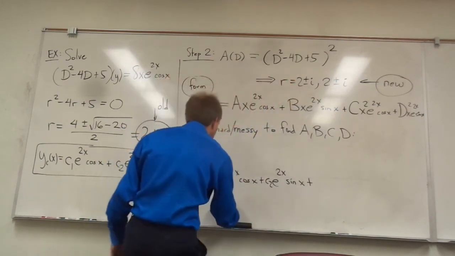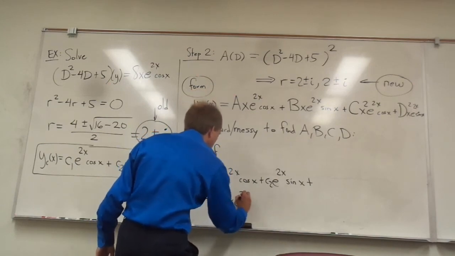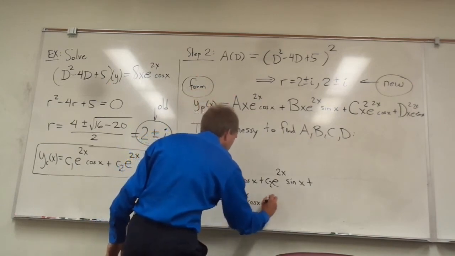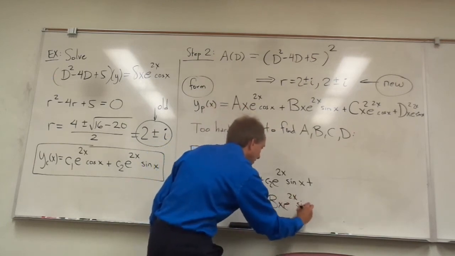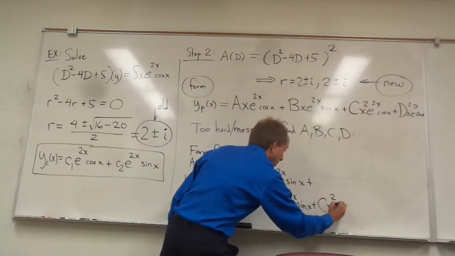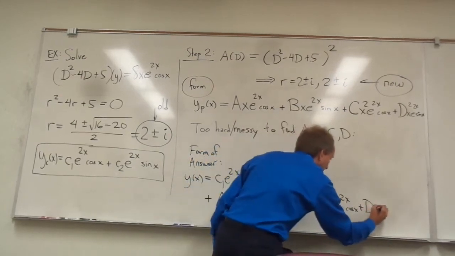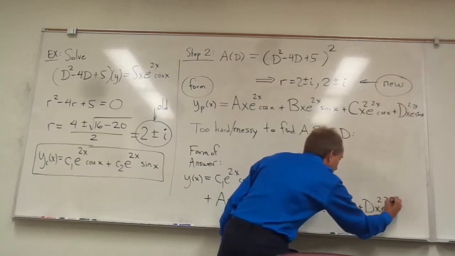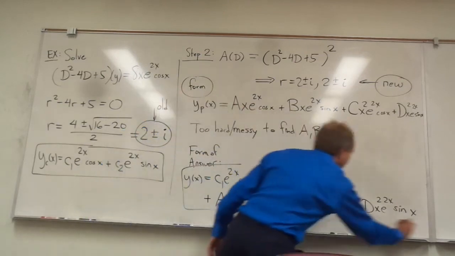So you would just add to that a x e to the 2x cosine of x plus b x e to the 2x sine of x plus c x squared e to the 2x cosine of x. I'm just recopying what's right above me here. Plus d x squared e to the 2x sine of x. That would be the form of your answer.